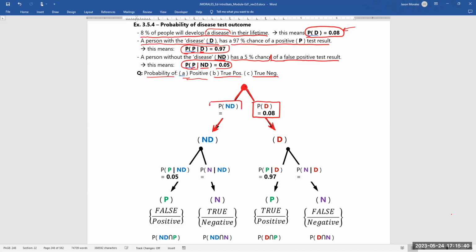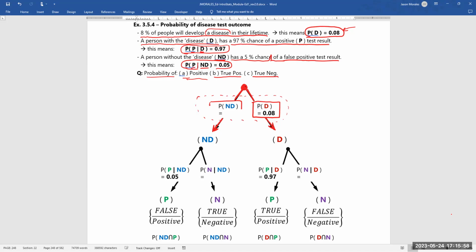This leads to another property of these tree diagrams: when you calculate the probabilities of both branches like this, they should add up to 1 or 100%.